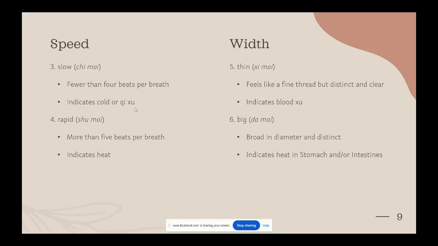And in Western medicine terms, tachycardia or a high heart rate is considered over 100 beats per minute. So that would be well over what's considered rapid in Chinese medicine. So it's not necessarily alarming to feel a rapid pulse, and it's pretty common in people who are yin deficient to feel a bit of a rapidness to their pulse.